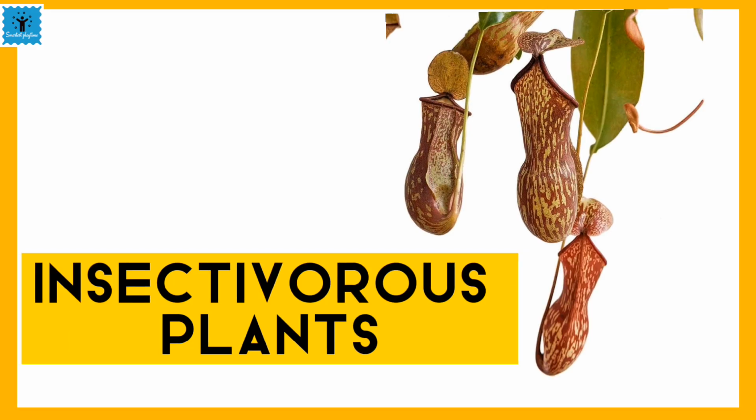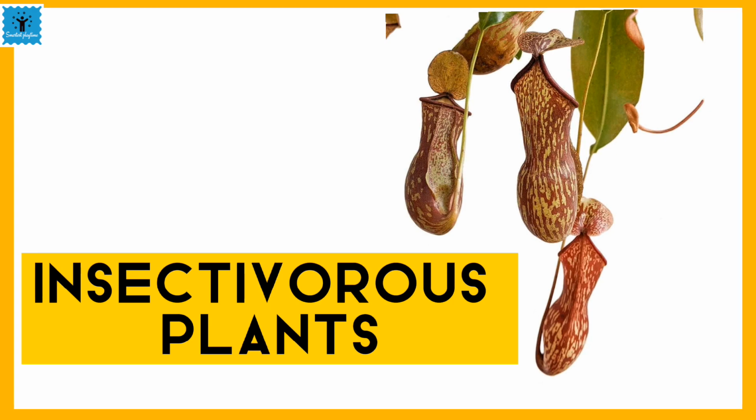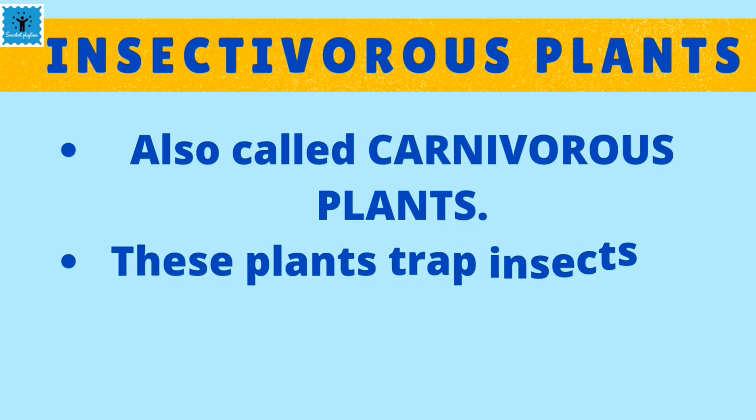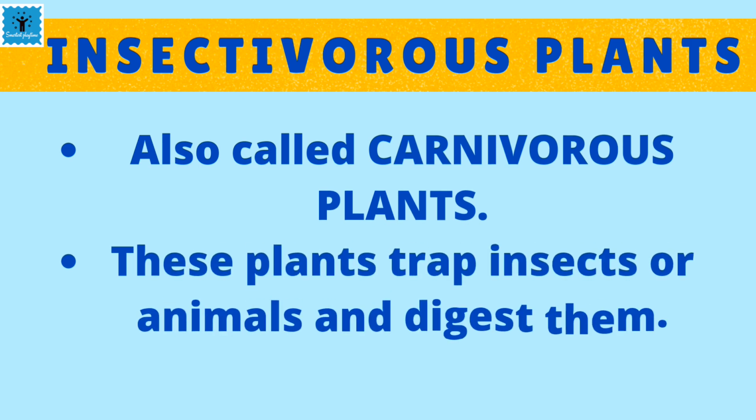Second category is called the Insectivorous plants. These are also called Carnivorous plants. These plants trap insects and small animals and then digest them.